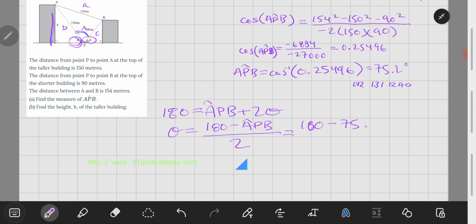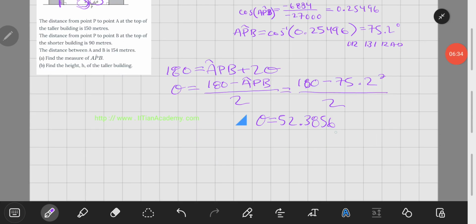And when we substitute our angle in, we can calculate for theta, which should come out to be 52.3856 degrees.